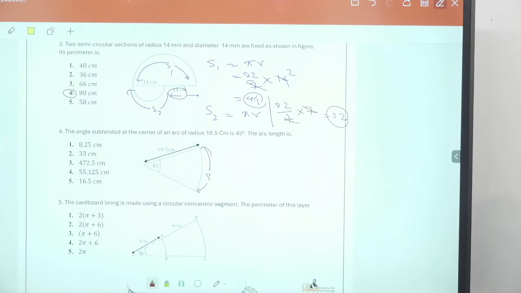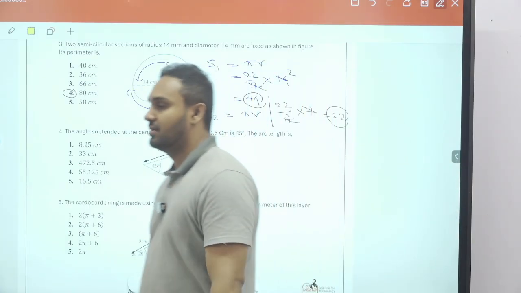So how do you take it using the radians?